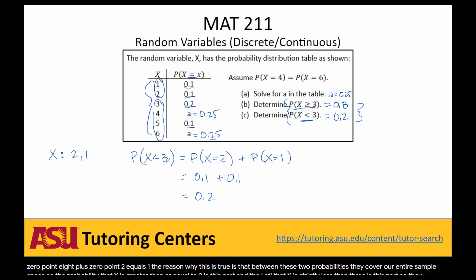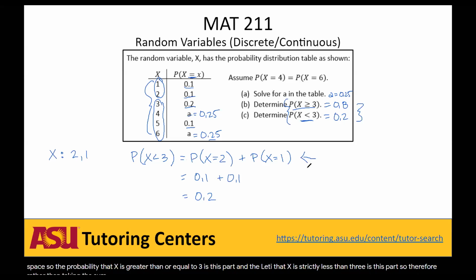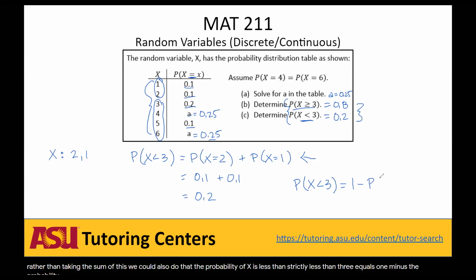So rather than taking the sum of this, we could also say that the probability that x is strictly less than 3 equals 1 minus the probability that x is greater than or equal to 3, because these two are kind of like opposites. They cover the two parts of our total probability space here, which is 1.